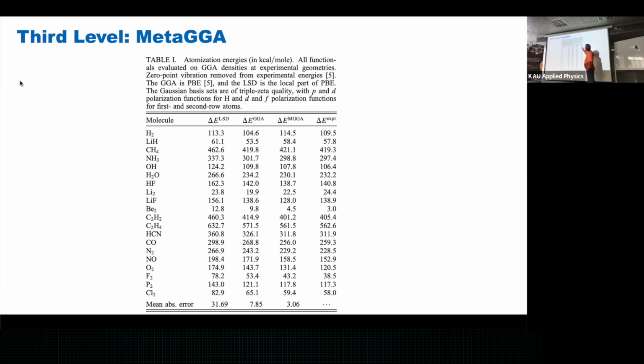And you see that, yeah, for hydrogen MetaGGA is not okay, but for other systems it's rather good. MetaGGA also gives the mean absolute error: 31 for LDA, almost 8 for GGA, and only 3 for MetaGGA. So it improved, but really not dramatically.